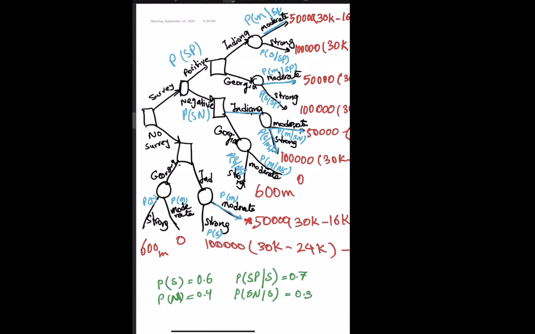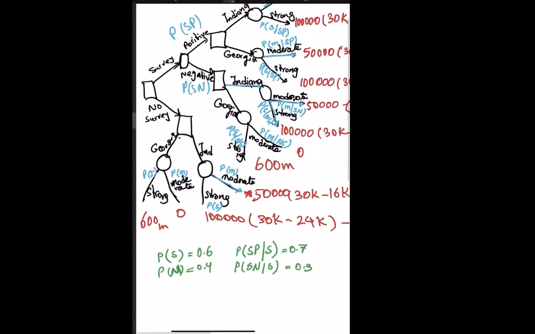For vehicles that eventually had moderate sales, the marketing survey indicated positive attitudes 20% of the time. So now that I know how to read it, it goes eventually had moderate sales. So that's the conditional part. So that means that positive survey given moderate sales. Okay.